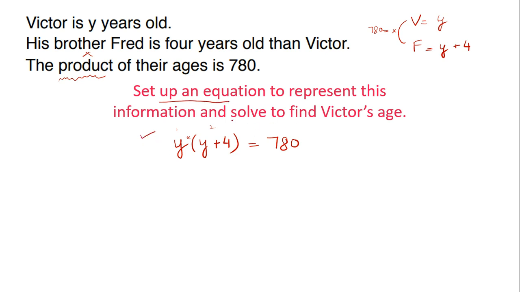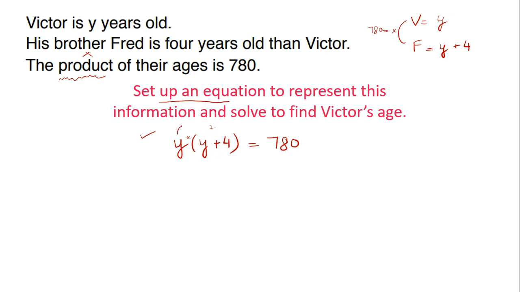Now it says solve to find Victor's age. When it says solve, it means we're supposed to find out the value of y. And in order to find out the value of y, you just cannot simply take y to the other side and somehow figure it out. You have to solve using, first of all, multiplying this y with everything that is inside, and then form a specific equation and then work out the values of y.